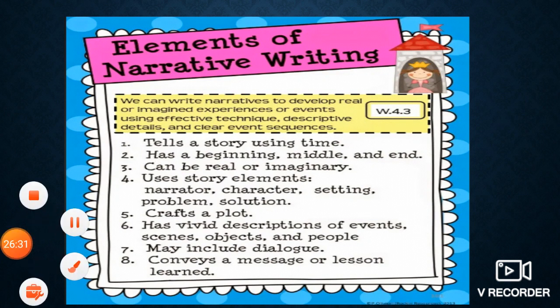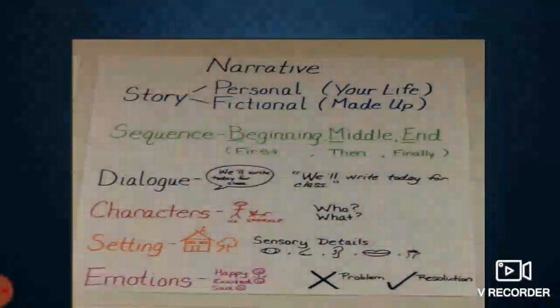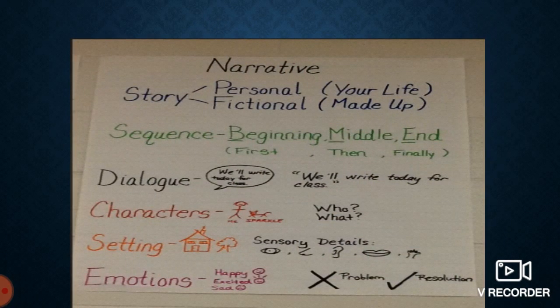Okay, so in this way, now we will see in a story form how you can write it. You can take a screenshot of this. So, personal or fictional. Personal means related to your life, means you can write a real story, and fictional means made up, means you can make any story.